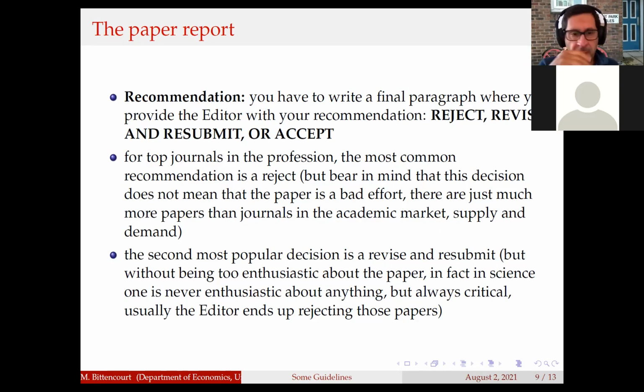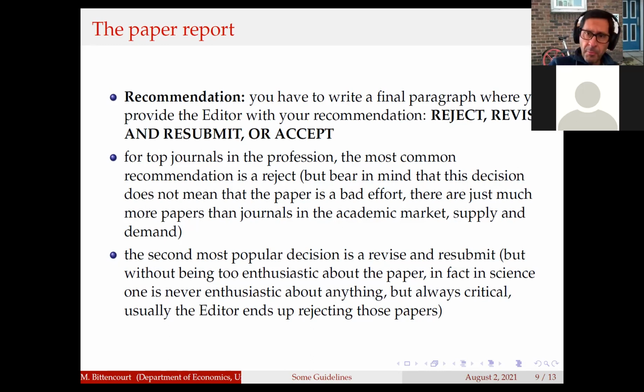You offer, I think, because of the above, given my concerns above, I don't think this paper belongs in this journal, and I recommend a rejection. Reject is the word. The paper is being rejected, right? Or you might recommend a revise and resubmit, which is the most common. No, actually, the most common outcome is rejection.